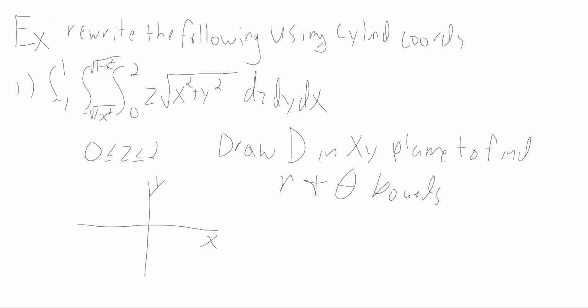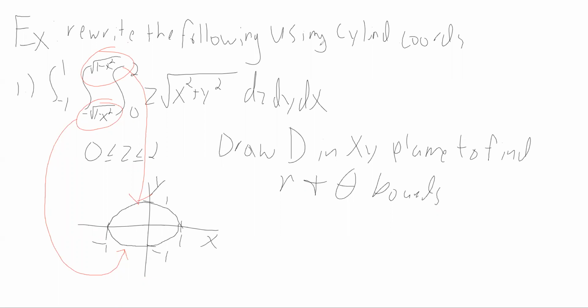That's going to be the lower half of the circle, x squared plus y squared equals 1. And positive square root is going to be the upper half. That's the lower half. This is the upper half.